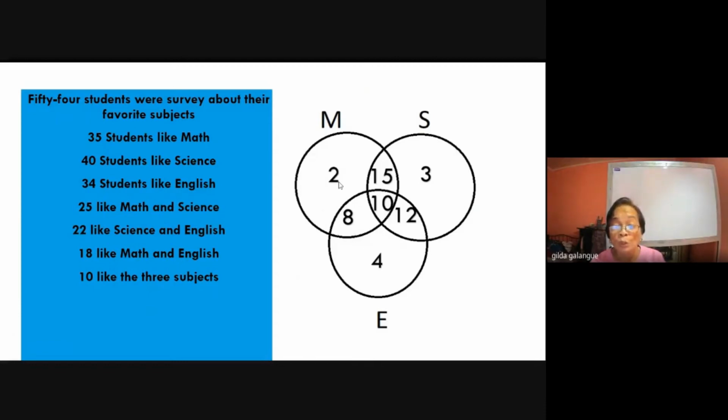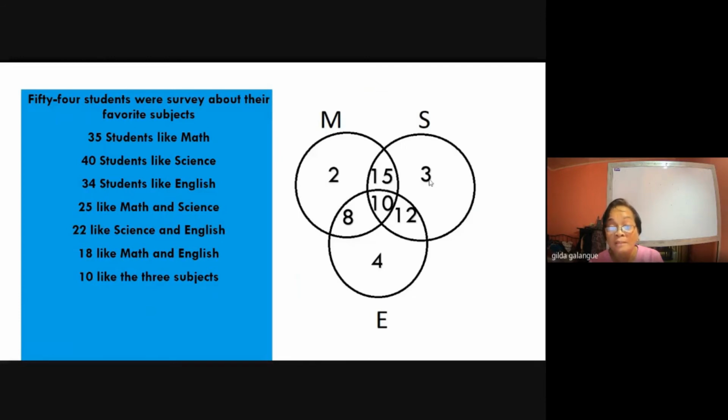This is 2. 15 plus 10 is 25. 25 plus 8 is 33. 33 plus 2 is 35. We have this one as 35. Then 35 plus 3.